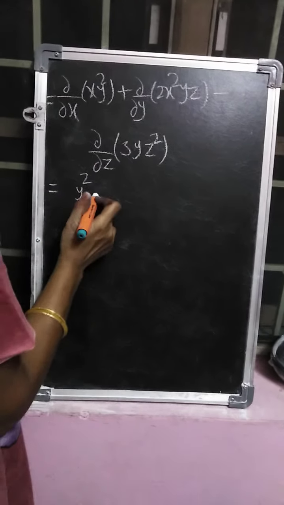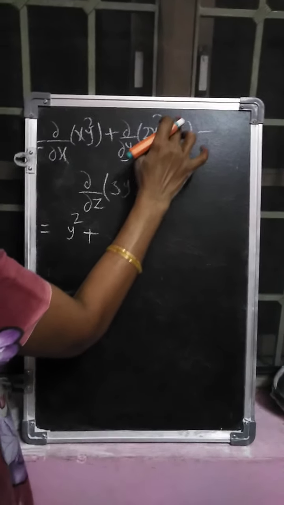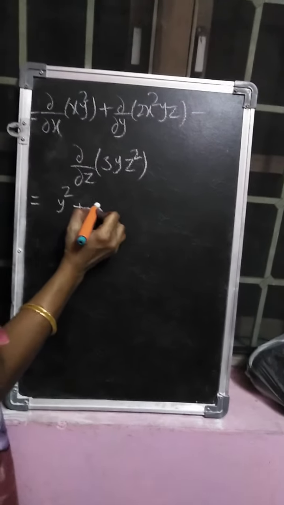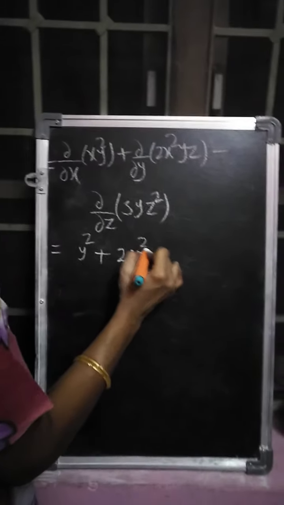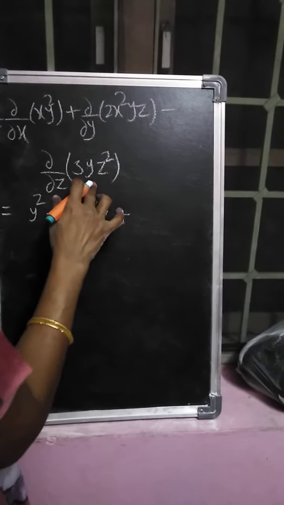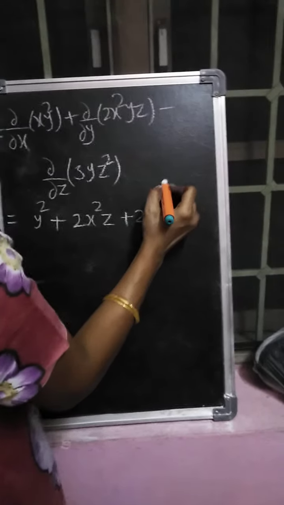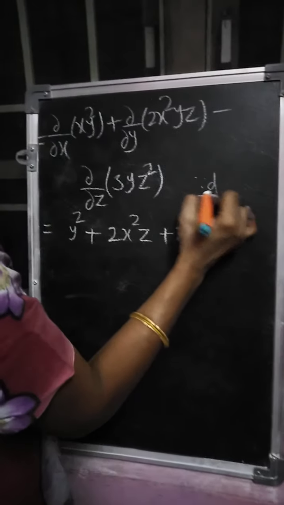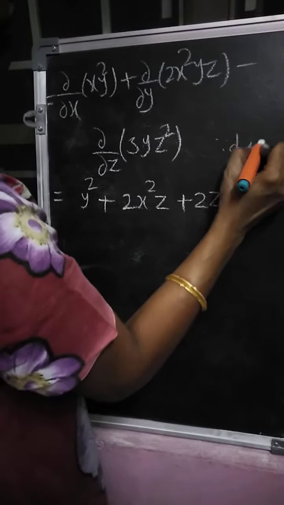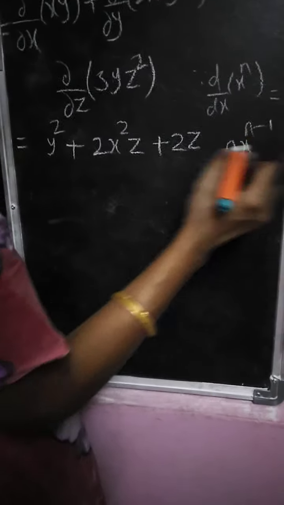With respect to y, 2x square z is constant and the differentiation of y is 1, so the value is 2x square z. With respect to z, minus 3y is constant and the differentiation of z square is 2z. The formula is d by dx of x power n equal to n times x power n minus 1.